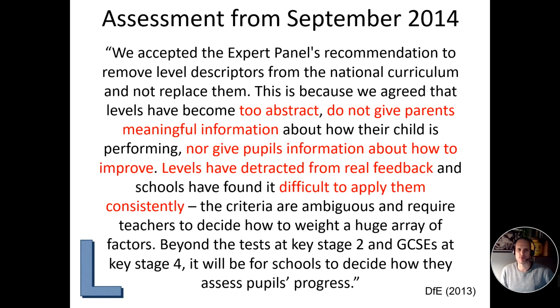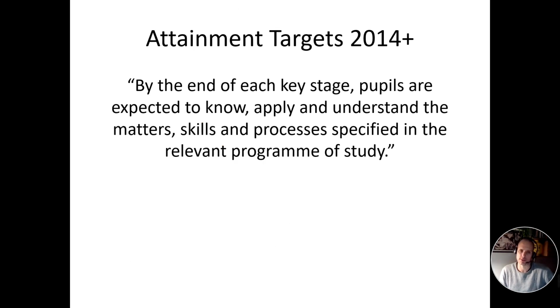And in a sense, that's what the DFE said, that levels have become too abstract, don't give meaningful information, nor support pupils in having to improve. And in effect, the levels were just working as grades in the way that I've talked about before. And therefore, ultimately, they were disbanded.